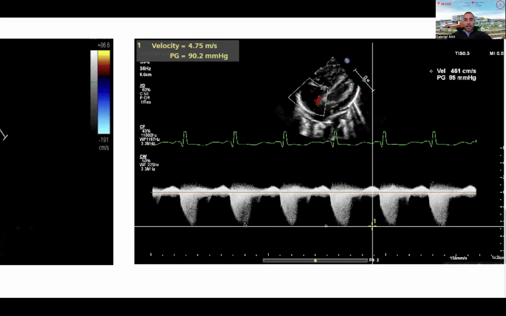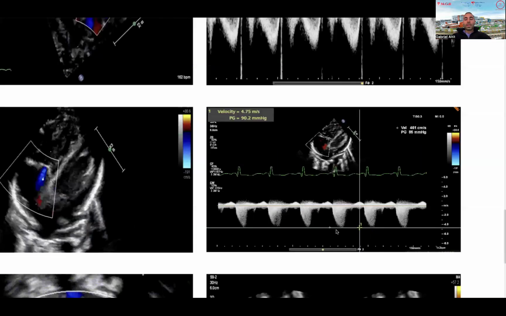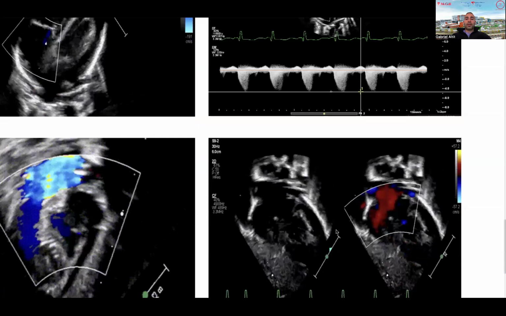Although the curve is not exactly fully complete, we get at least a peak of around 85 to 90 millimeters of mercury, trying to avoid taking too much of the hair. So I think it's closer to 85, but could go up to the range of 90 millimeters of mercury of right ventricular to right atrial gradient based on the TR. And we'll go over those numbers after.